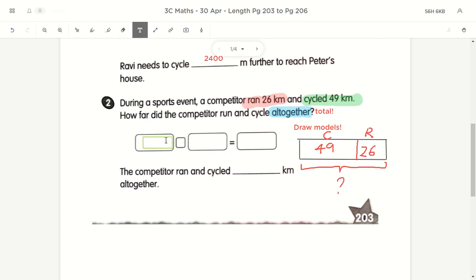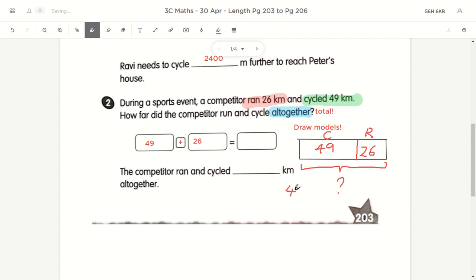So all you need to do is to use 49 add 26, and this part, let's work it out.